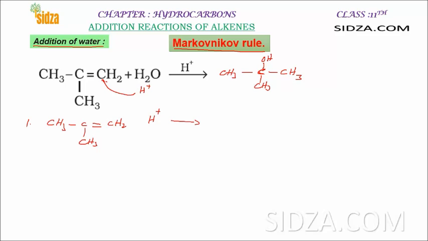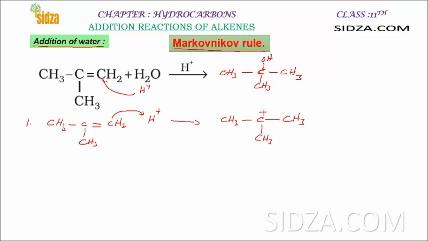This proton attacks this carbon and forms a bond with this CH2. The pi electrons shift towards this carbon, so you get CH3, and now the pi electrons form a bond with this proton. The central carbon gets a positive charge, so you get a carbocation.